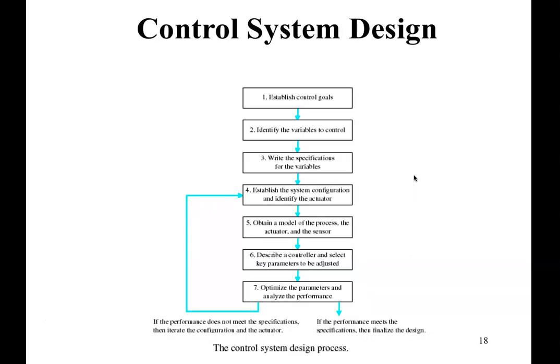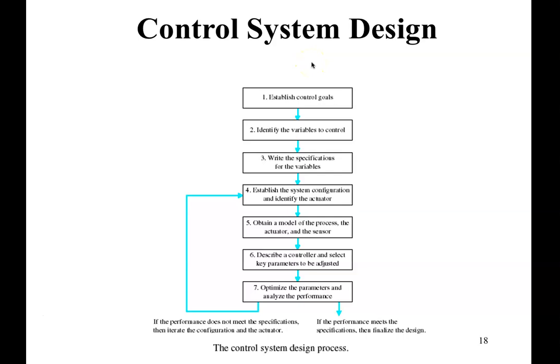Now finally, as part of my introduction, I want to talk about the design process, or the steps that we typically go through as a control engineer. If you get a job, say right from your company, saying I want you to design control systems for that, these are the typical steps you need to go through. Step number 1, we need to understand what the aims for control are, what we want the plant to do.